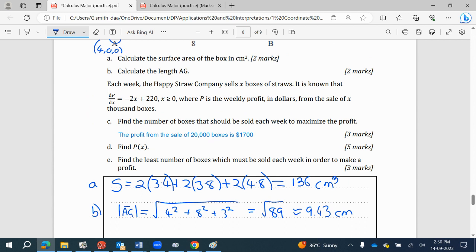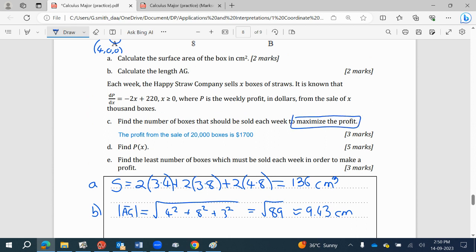All right, so what we're going to do on this one, this is topic 5, unit 7 from the course. This is derivatives and optimization. So even though we've got a marginal profit function, we need to find, using this function, what value of x will maximize it. The key thing about optimization is finding a maximum or minimum. These are the keywords. The keyword that kicks you off on this one is find the number of boxes sold each week that will maximize profit.